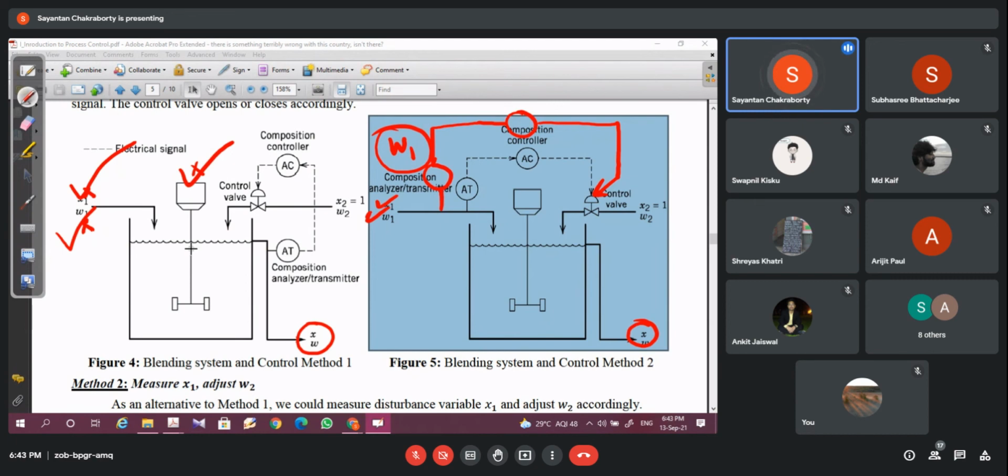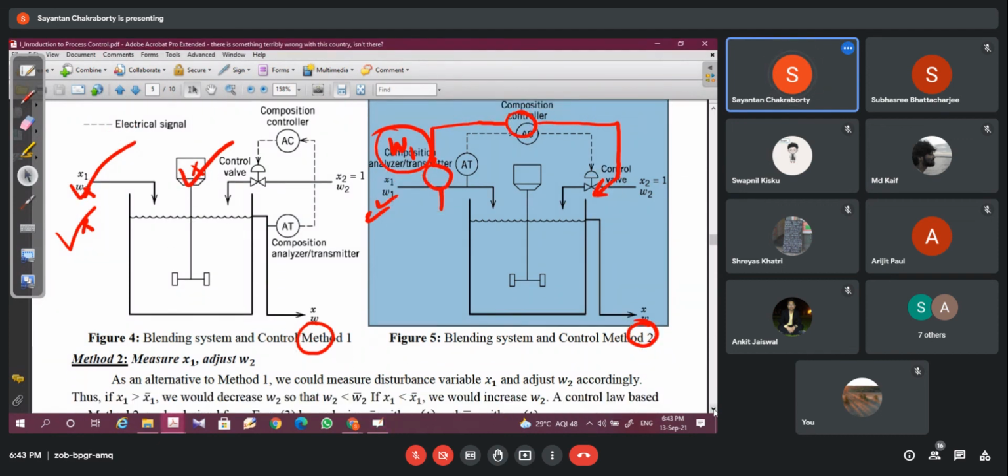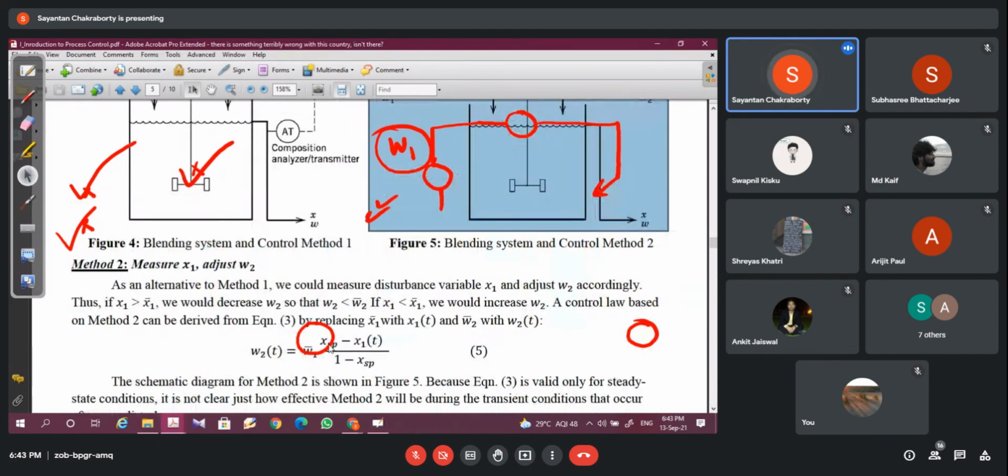Whereas in a feed-forward control system, you require definite information regarding W1 and X1, and you need to find out all the possible disturbances. So obviously the complication is much more. Most importantly, you need an exact mathematical formulation to generate a control law like this.